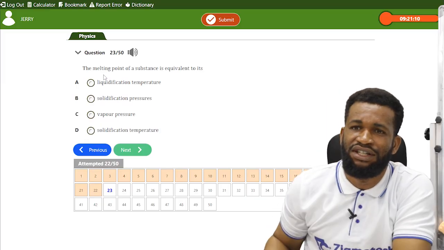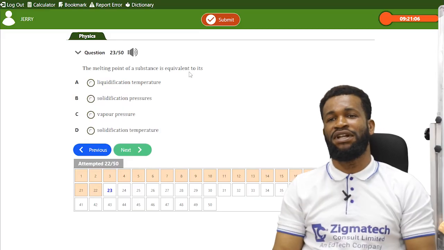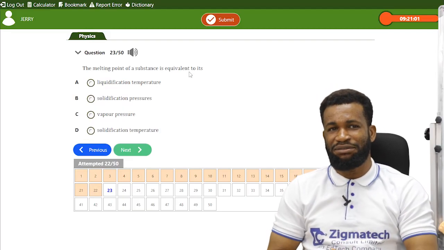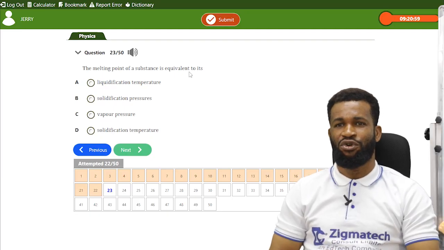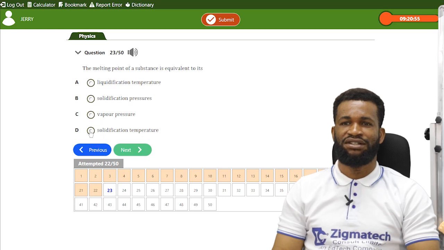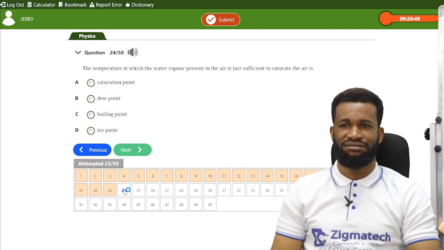The question says the melting point of a substance is equivalent. When we talk about equivalence, they are not the same thing as equation. If it says it's the same thing as, I can consider it, so I will pick solidification temperature. Option D is in for me.